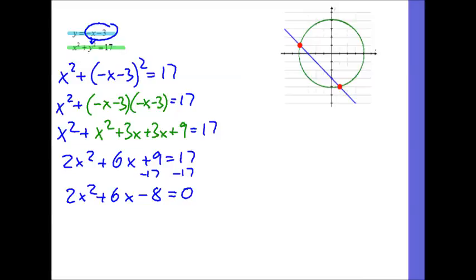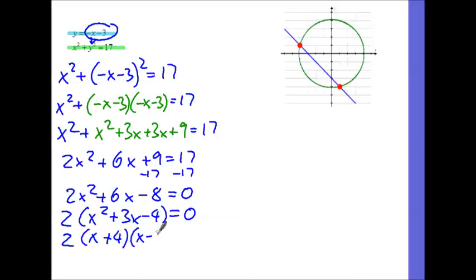And what do we see? We have a greatest common factor, which leaves us with 2 times the quantity x squared plus 3x minus 4 is equal to 0. Looking at our trinomial inside of the parentheses, we find that the numbers p and q that we're looking for are +4 and -1.